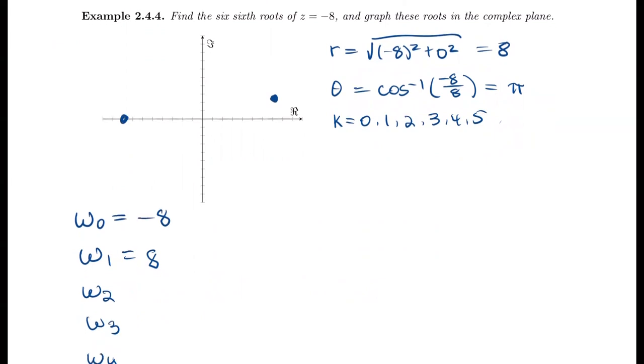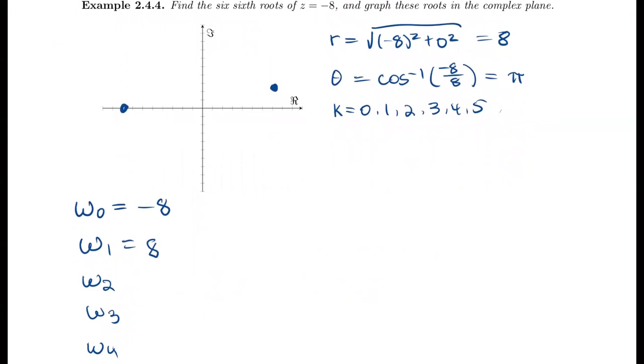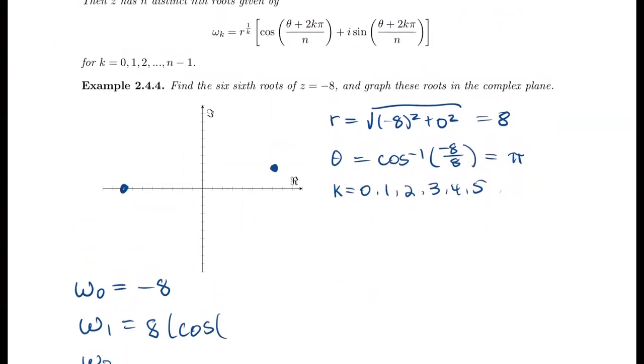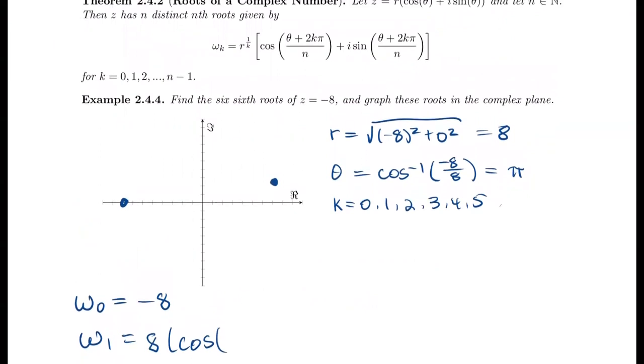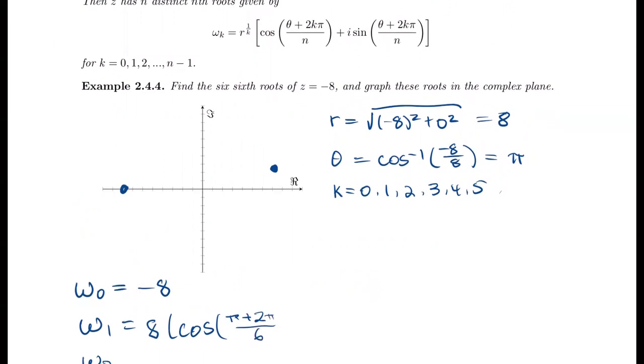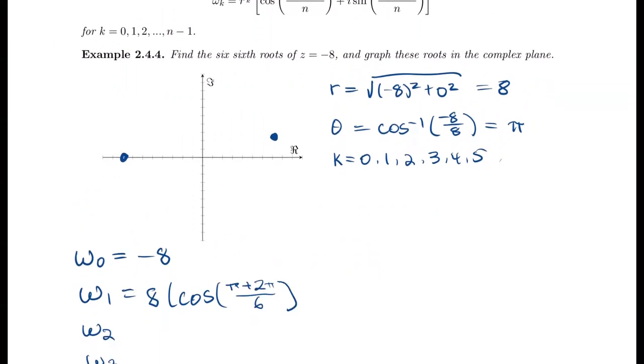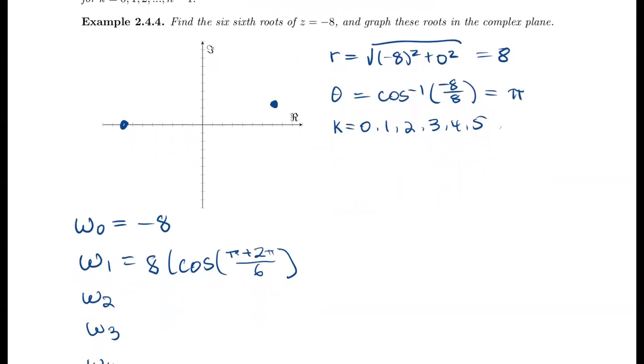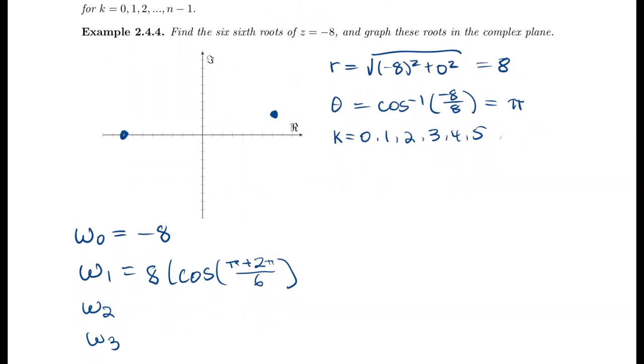So for the first one, we would just have the modulus multiplied by cos of theta, which is pi, plus 1, so 2 pi, divided by 6. Yeah, because we have n to be 6, which is the 6 roots.